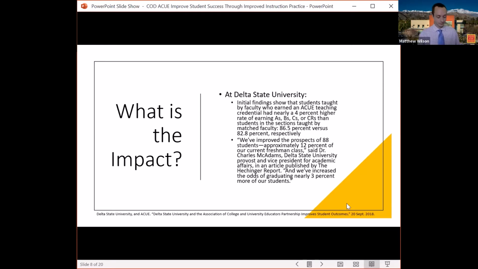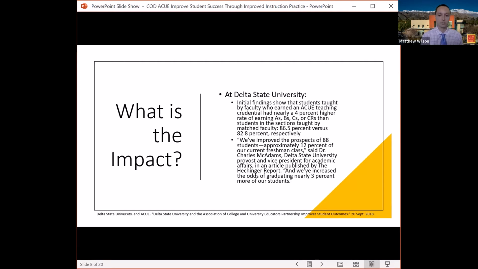Another one we have is Delta State University. They saw a 4% higher rate of earning A's, B's, C's, or credit in classes taught by ACUE member faculty as compared to people that were not trained through ACUE. So when adopting these ACUE practices, the students at Delta State University saw significant improvements in passing rates, moving on and continuing with their program.